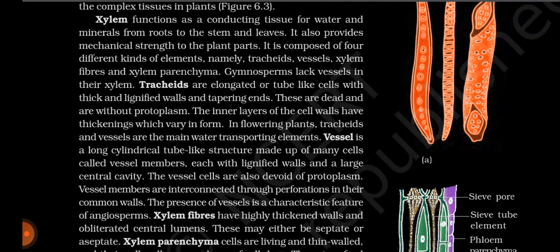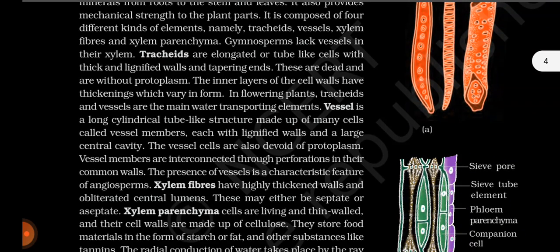Tracheids are elongated tube-like cells with thick and lignified wall, tapering ends, and these are dead and are without protoplasm. The inner layer of the cell wall has thickenings which vary in form.